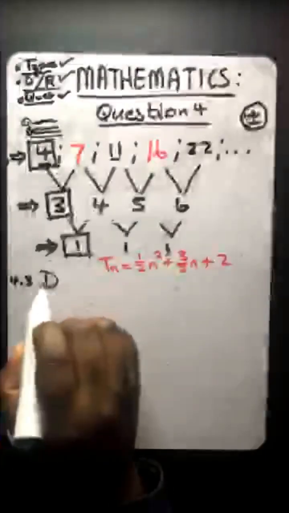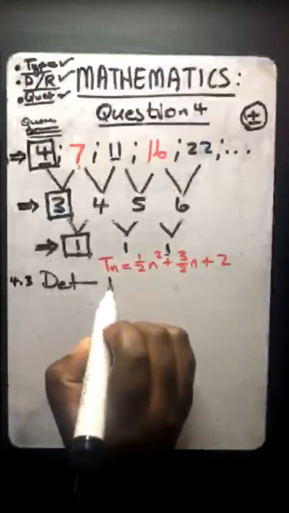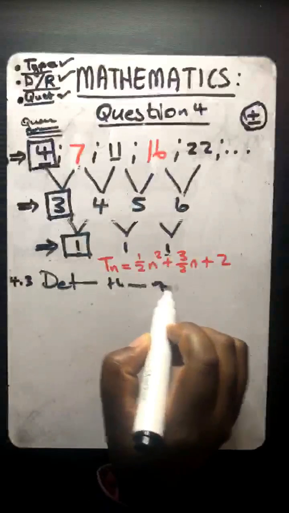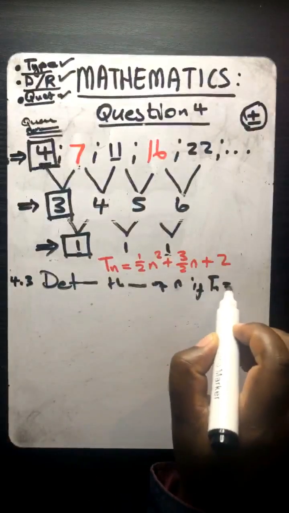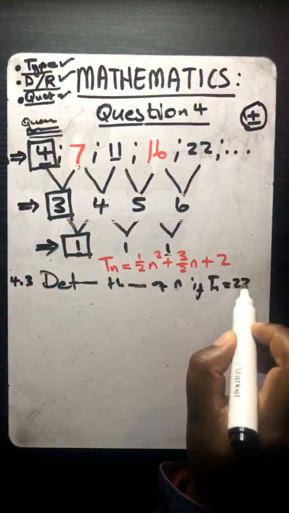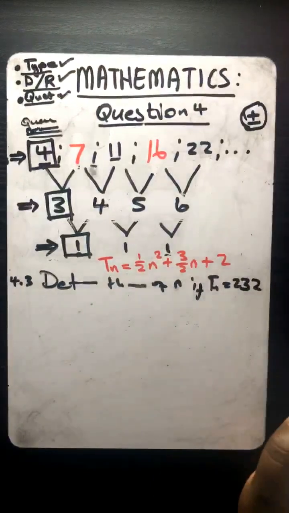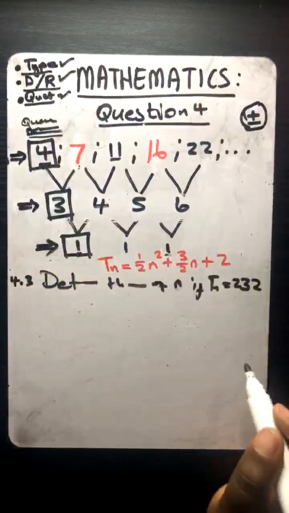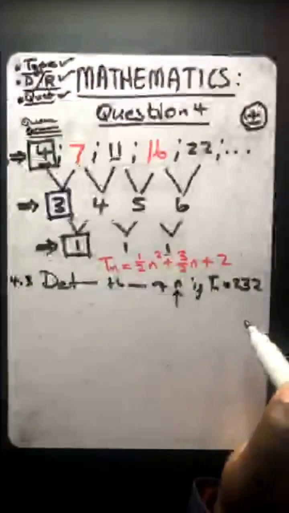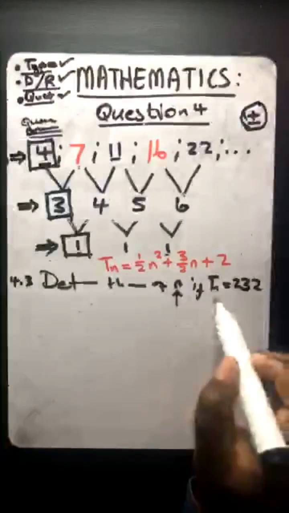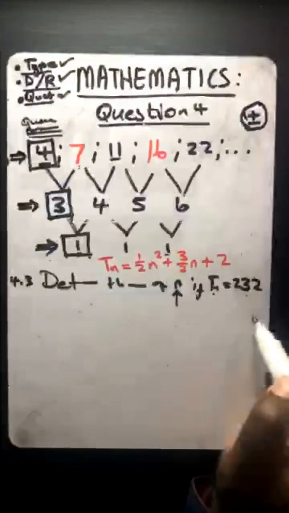4.3. They say, determine the value of n if Tn is equal to 232. Also, this question, guys: determine n. So that means they want n if Tn is equal to that.